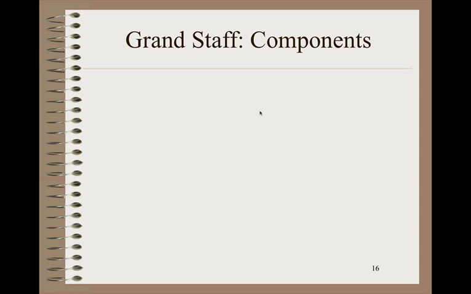So what are the components of the grand staff? Let's just look at those again. We have the treble clef, and you've been practicing a couple of those, hopefully. We have the bass clef, which looks like that with the two dots, which is also called the F clef. And the reason why it's called the F clef, now that you know the names of the lines, is notice that those two dots are on both the upper and lower part of the F line.